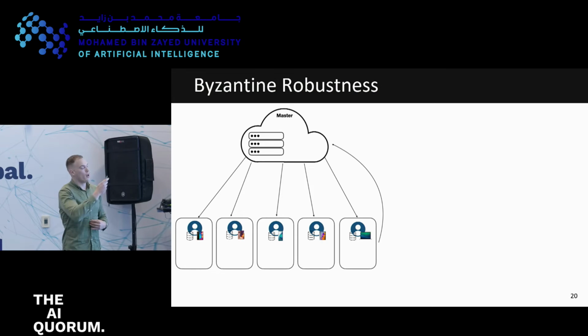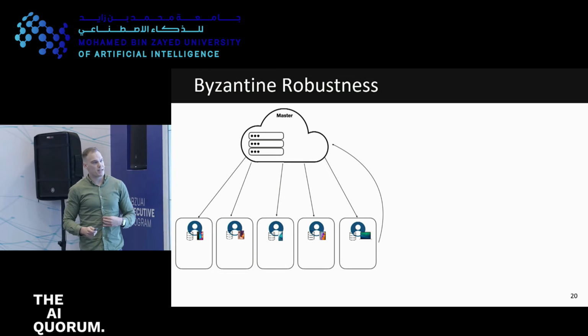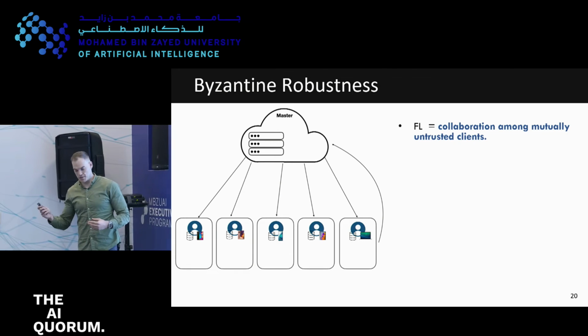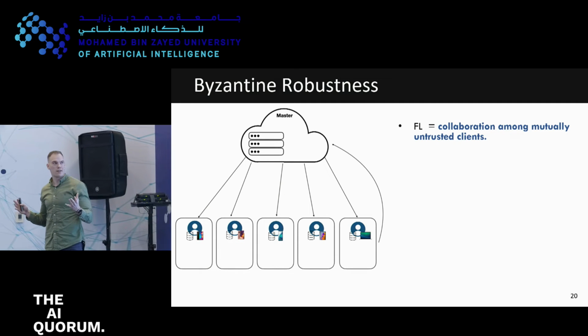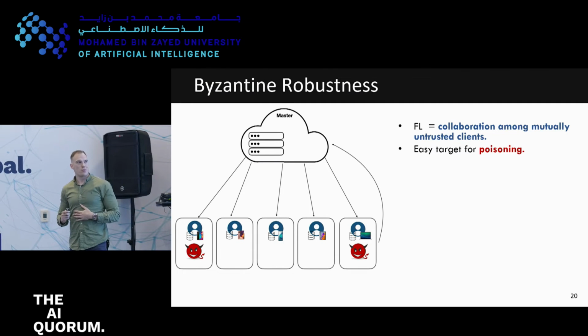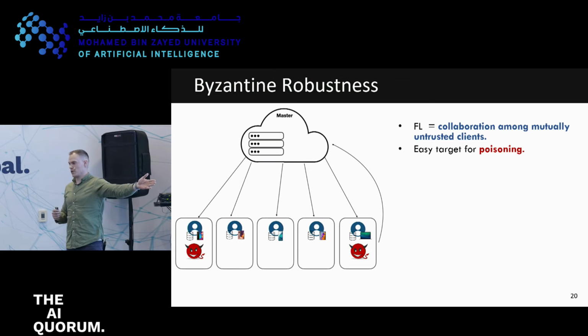First of all, when we look at Byzantine robustness, which is a standard problem in federated learning, as federated learning is a collaboration among mutually untrusted clients, it is a very easy target for poisoning because anybody can join.